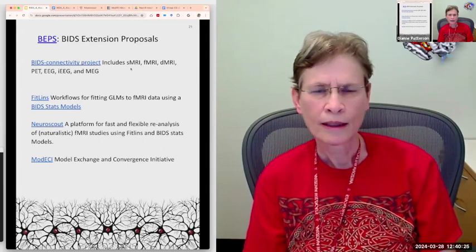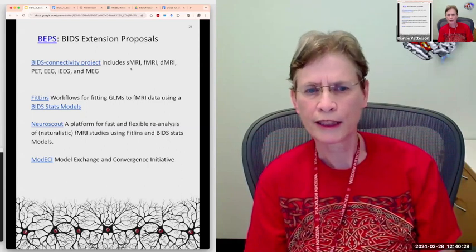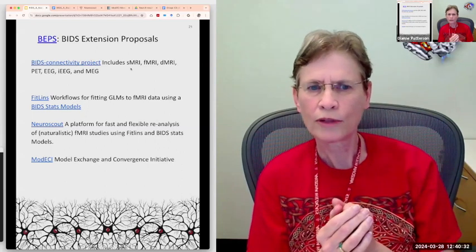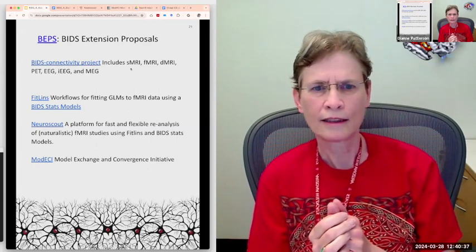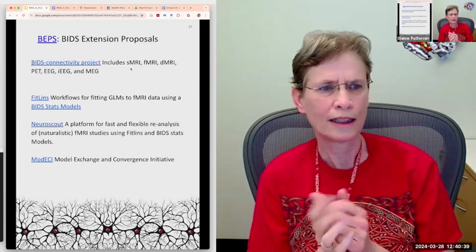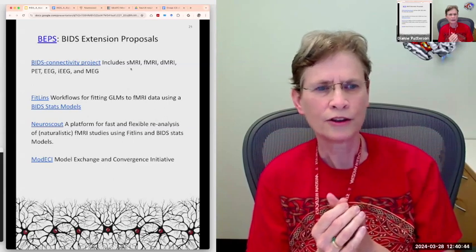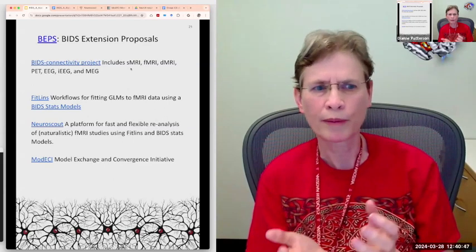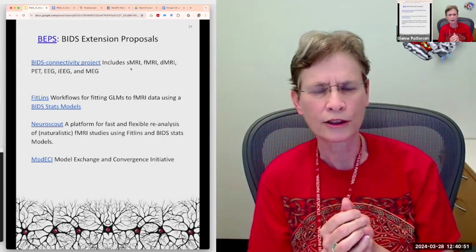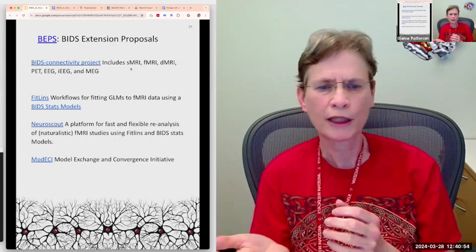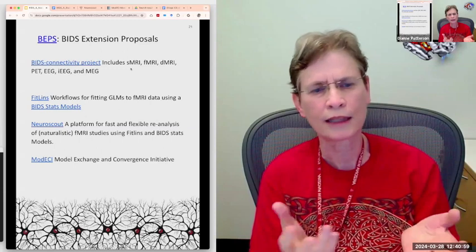FitLens will take a BIDS data set and one or more derivative data sets along with a BIDS statistics model file, and it'll run basically a GLM on your fMRI data using a standardized format, the BIDS stats model. So any of you who have done fMRI analysis, you know that if you do it in FSL, you specify the design matrix one way. If you do it in SPM, you specify the design matrix some slightly different way.